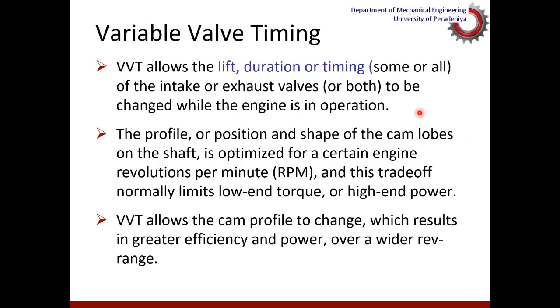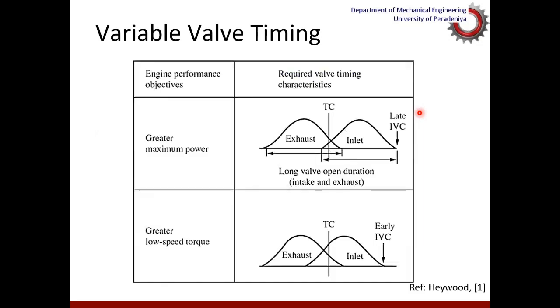So people have developed variable valve timing systems where you can dynamically change the valve open and close timing and the valve open durations. And in certain systems, even valve lift can be dynamically controlled. Accordingly, you could make sure that you get the best volumetric efficiency under various operating conditions of an engine.